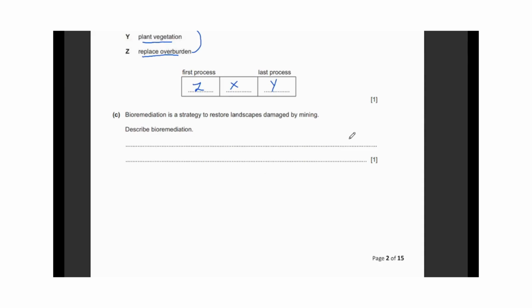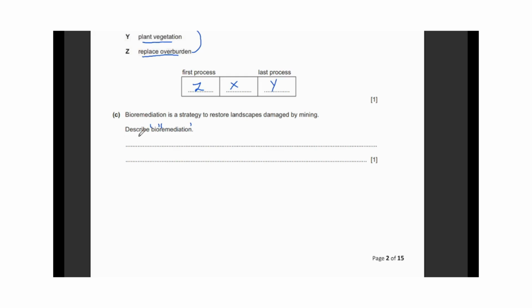Next one, bioremediation is a strategy to restore landscapes damaged by mining. What do you mean by bioremediation? Bio here is two words in one. Bio means living, remediation is restoration. So how do you restore? With the help of a living thing. And what is the living thing that we are using for restoration? We use microbes, bacteria.